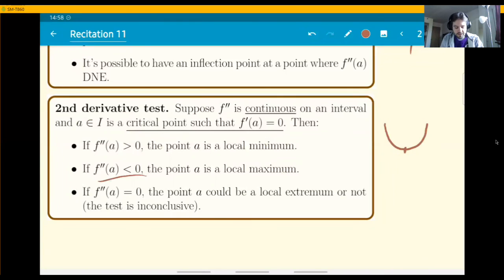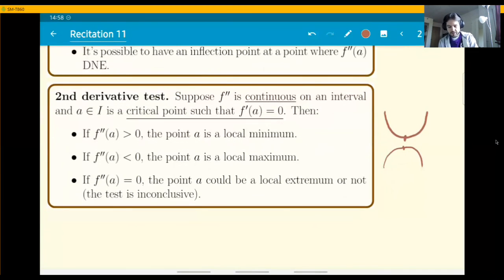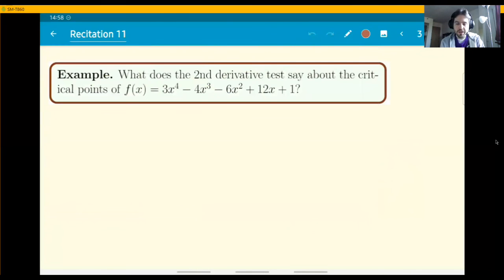If the second derivative is negative, the point must be a local max, because now you have a peak situation with a frown. But if the second derivative is 0, the test is just inconclusive. It doesn't tell you if this is a local max or min. Could be anything.